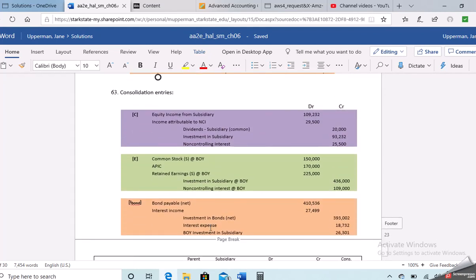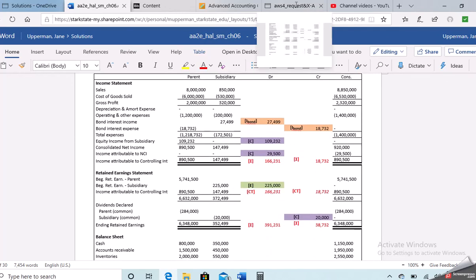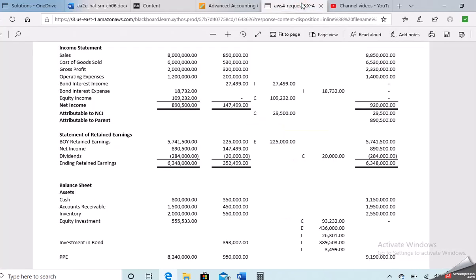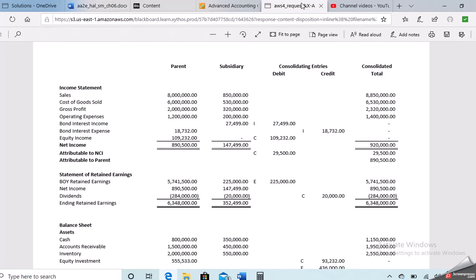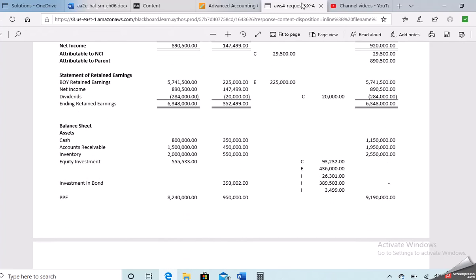And then number 63 is another one you can look over. It doesn't map those parent and sub entries out, but I do have that one worked out. In here it's showing you it, but if you come over into your Blackboard, you have it worked out as well, where we're going to eliminate the bonds payable.